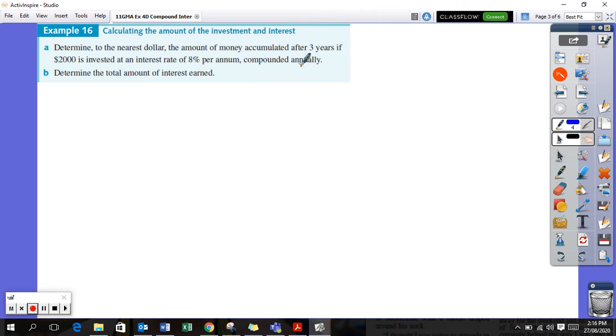Okay, determine to the nearest dollar the amount of money accumulated after 3 years, so that's T is 3 years, if $2,000, so that's going to be the principal is 2,000, is invested at an interest rate of 8%, so R equals 8%.